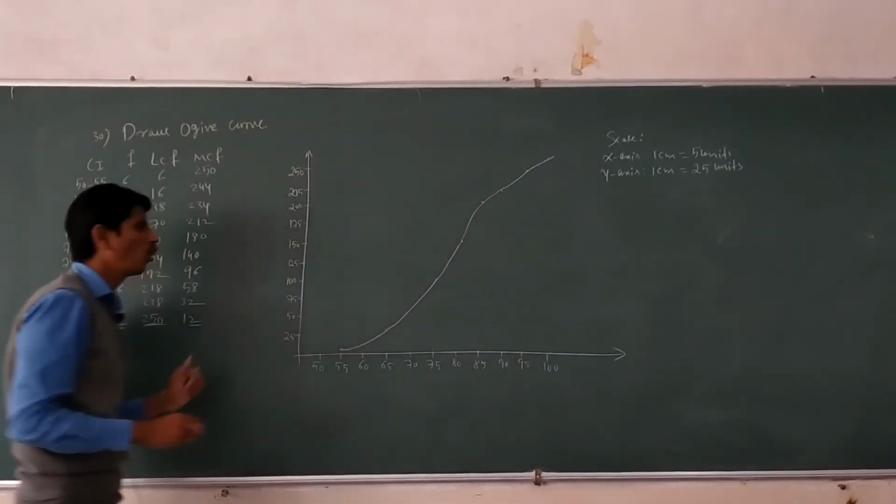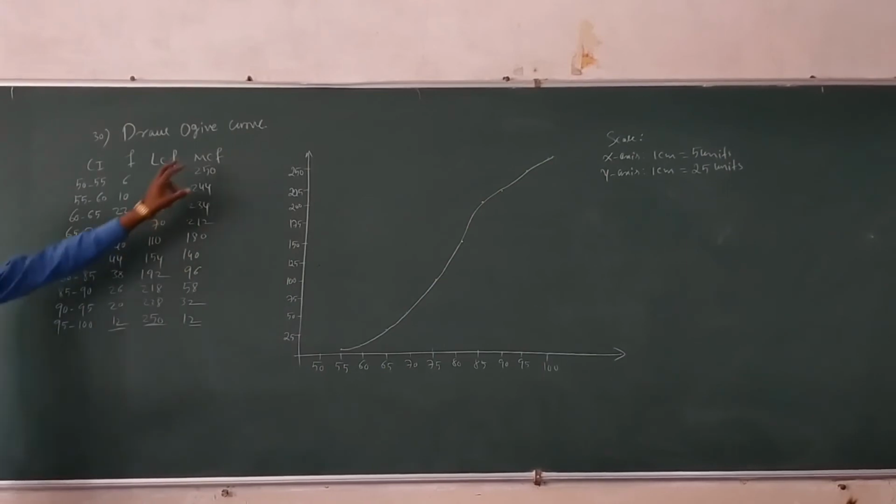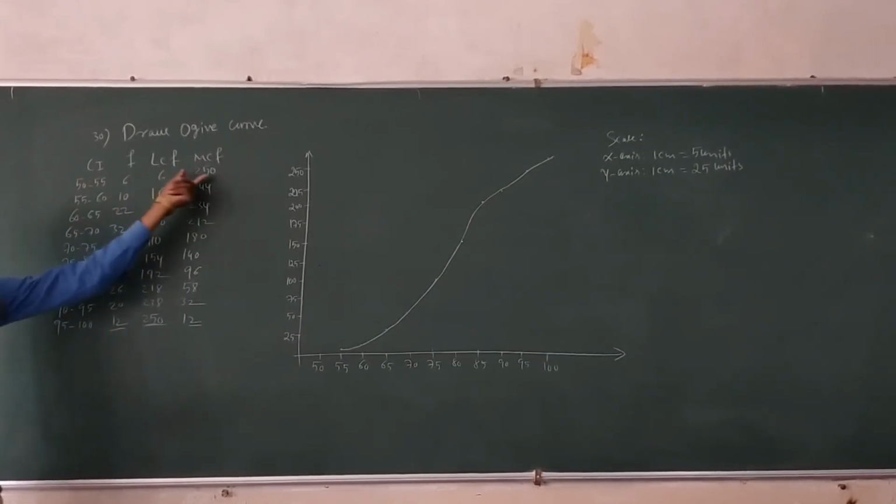The next, draw the more than cumulative frequency curve. The more than cumulative frequencies are plotted against lower class limits. Here 50 is 250.